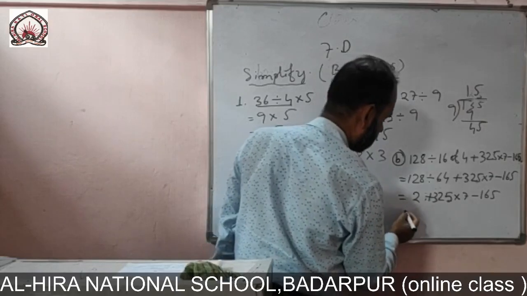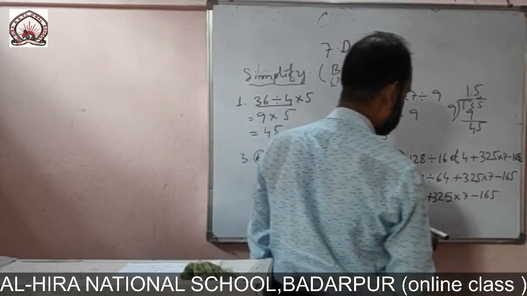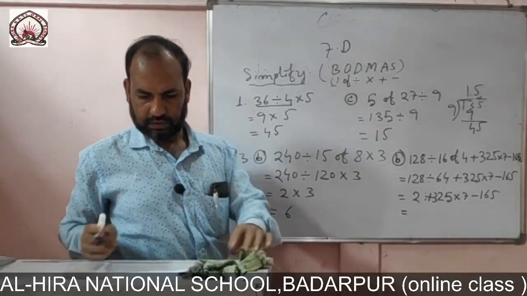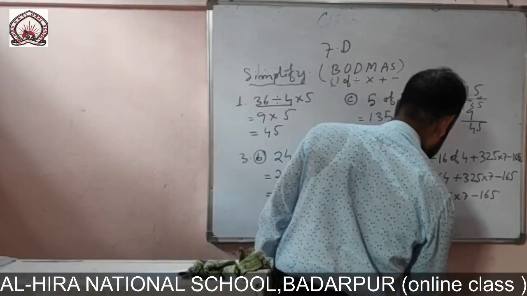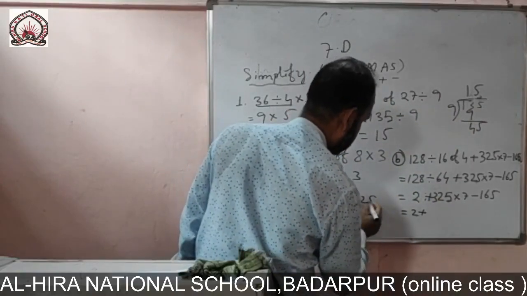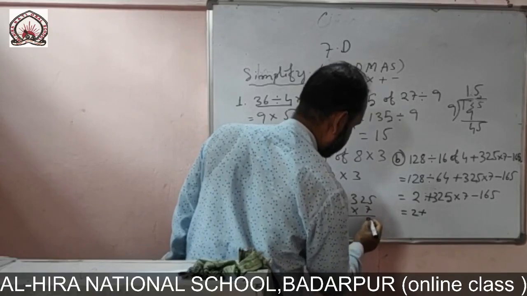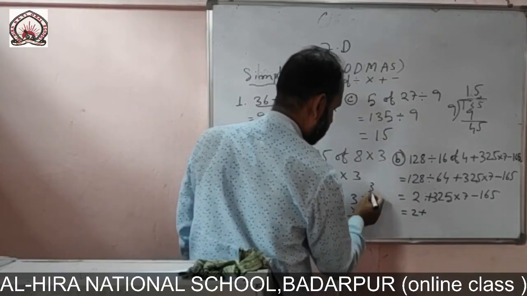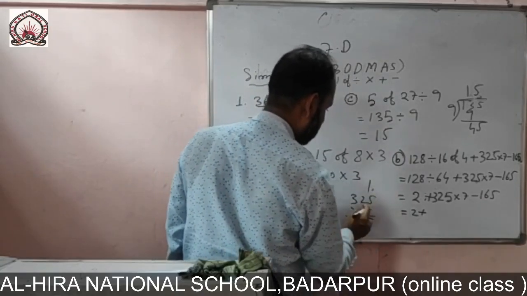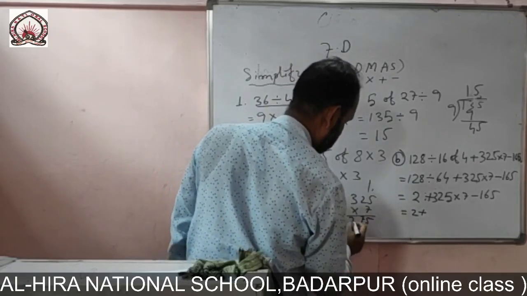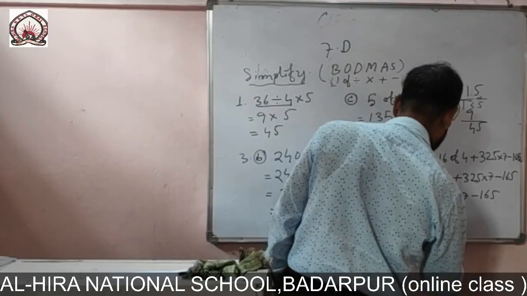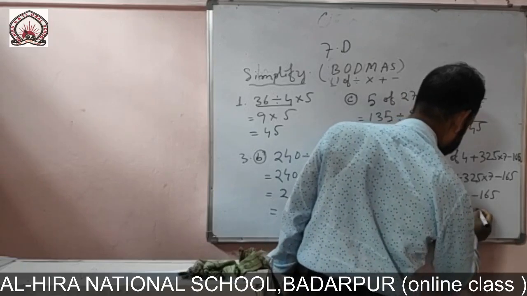Now we do multiply. 2 plus 325 into 7. 7 5s are 35, 5, 3 in my hand, 7 2s are 14, 3, 17, 7 1 in my hand, 7 3s are 21, 1, 22. 2275 minus 165.